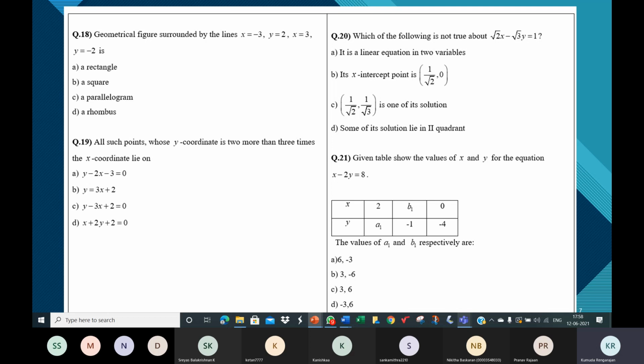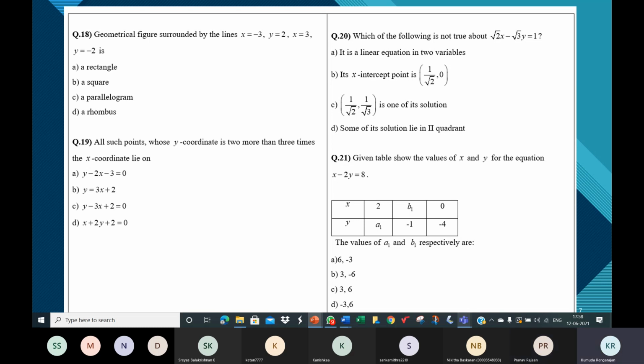So the description is: x is equal to -3 is a line parallel to the y-axis at a distance of 3 units to the left of the y-axis. Because -3, no? Ma'am, x is equal to 3, ma'am, is parallel to the y-axis, 3 units on the right side, ma'am. Very good, very good.